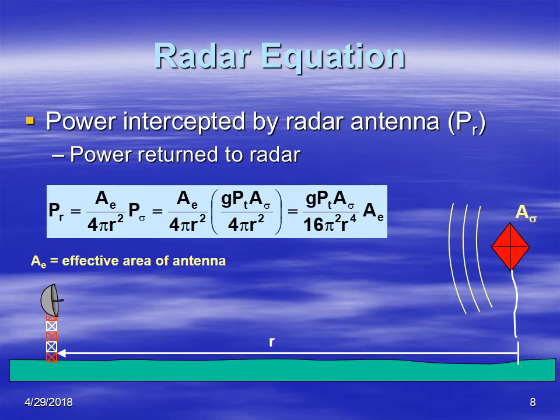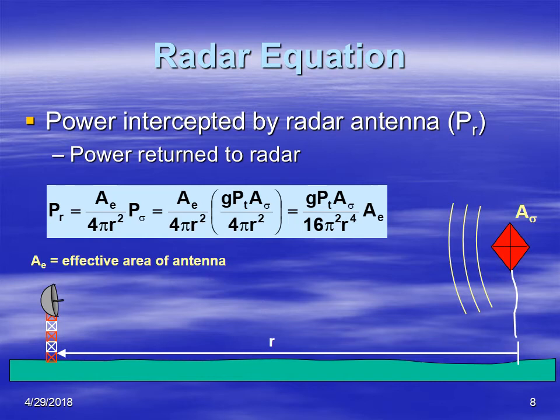And then it also depends upon the characteristics of the radar antenna. We're going to call that A sub E, the effective area of the antenna. And of course the radar beam is traveling back to the radar over a given distance r.